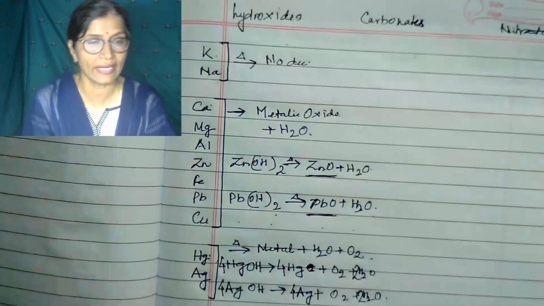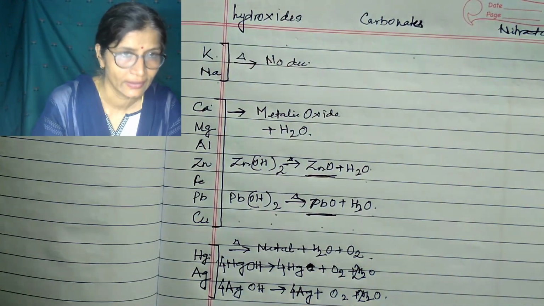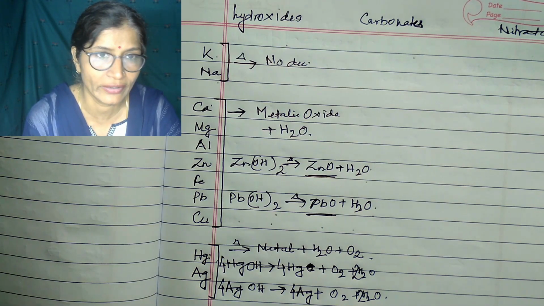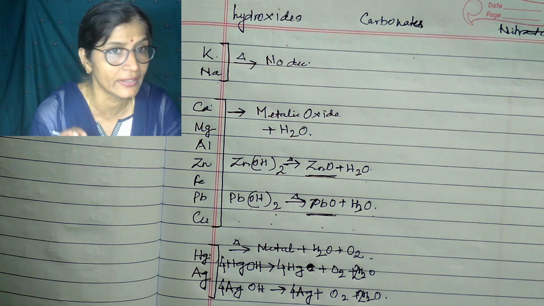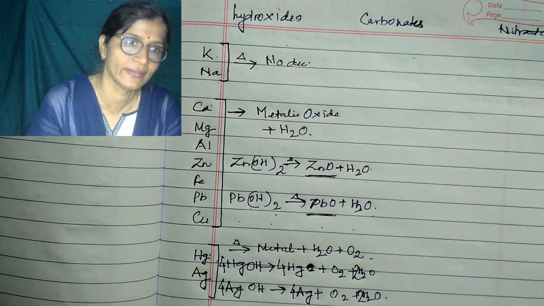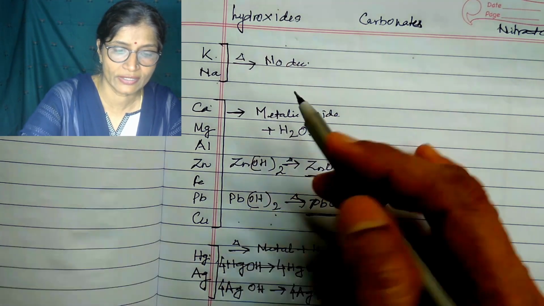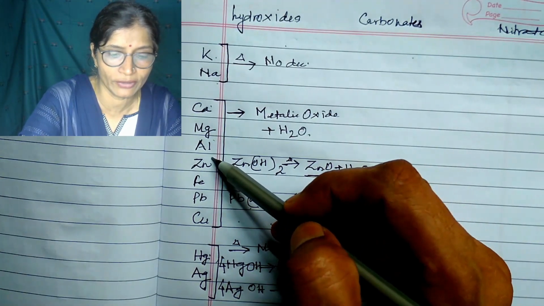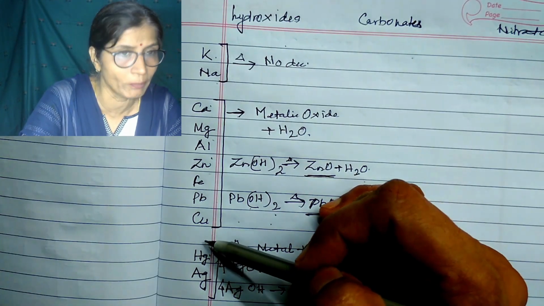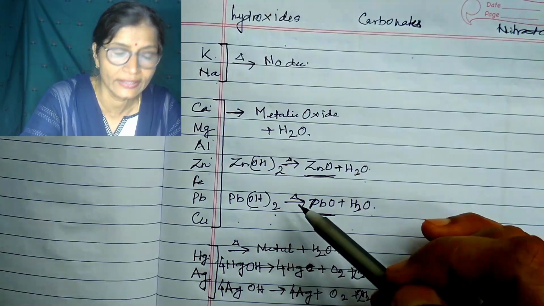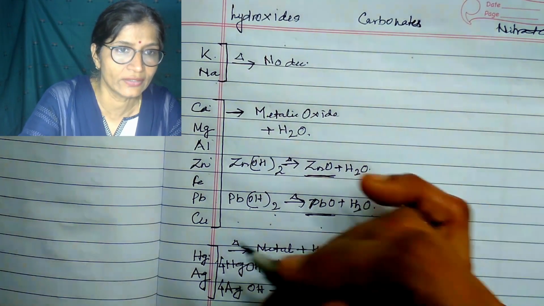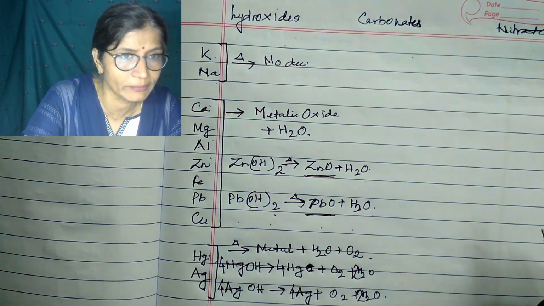So when hydroxides of metals are heated, potassium and sodium hydroxide are stable towards heat. They will not decompose because they are hydroxides of highly reactive metals and very stable. But when hydroxides of calcium, magnesium, aluminum, zinc, iron, lead or copper are heated, they will always give metallic oxide along with water. Like zinc hydroxide, when heated, gives zinc oxide plus water.